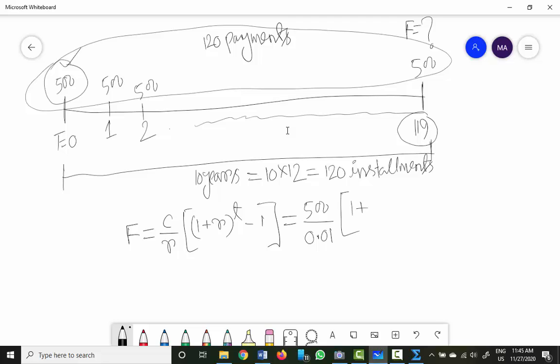So again, 1 plus 0.01 power t. So t is total 120 payments minus 1. If you calculate, you should get the answer.